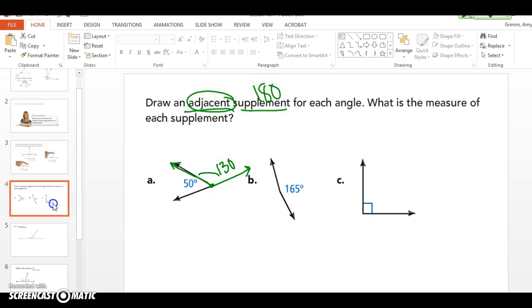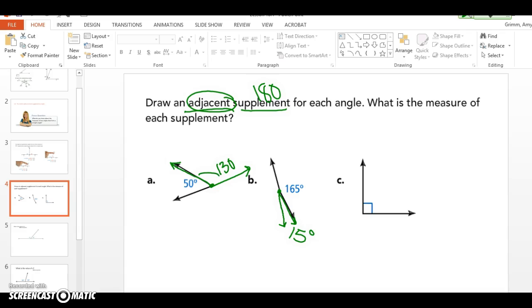Okay, so I would like you to look at the next two, and I'd like you to draw those in. All right, so this one is 165. So here's the vertex. It's kind of hard to see, and I could draw it like that. So there is my new angle, and what would be the measure of that angle, Cassie? 15 degrees.